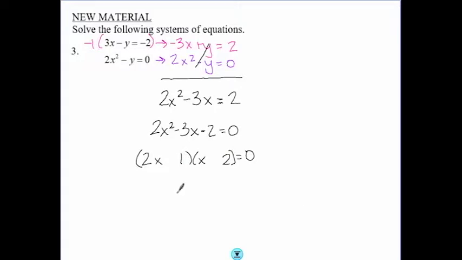Then when I multiply these binomials back together, I need to make sure that the middle term is negative 3x. So that would make this negative 2, because that would give me negative 4, and positive 1, which would give me negative 3. Then I need to set each factor equal to 0 and solve.